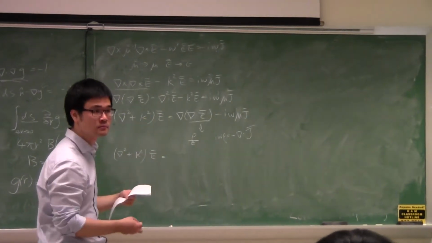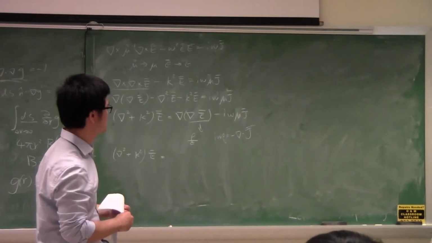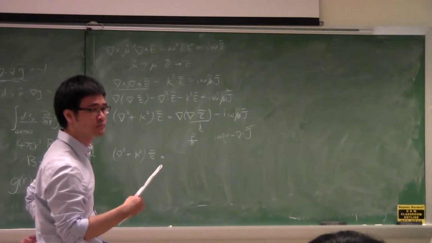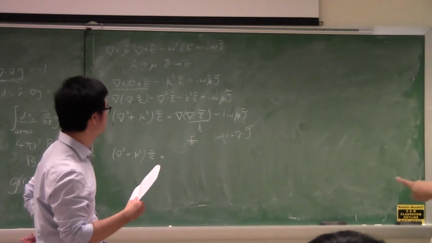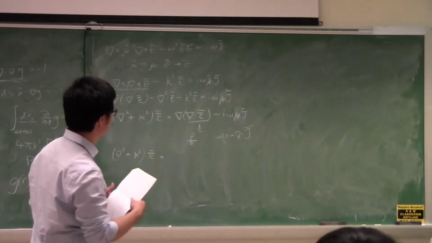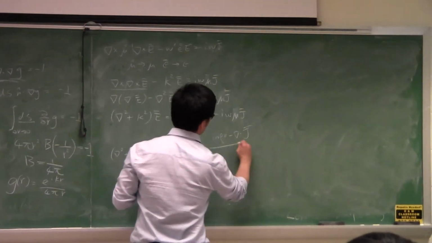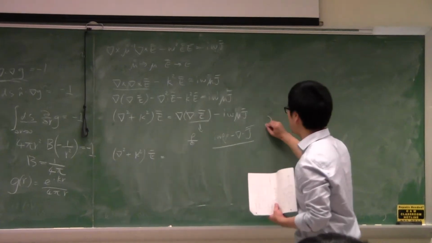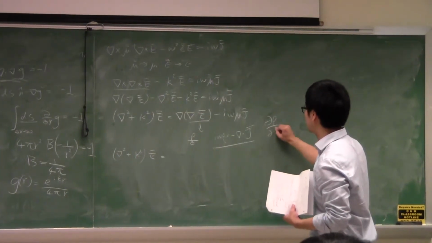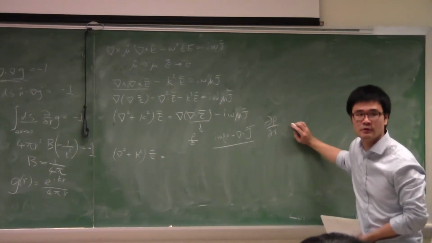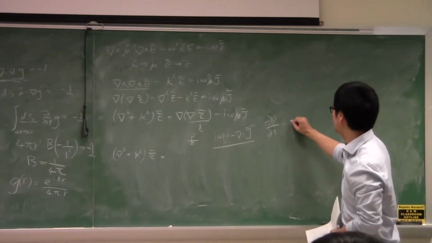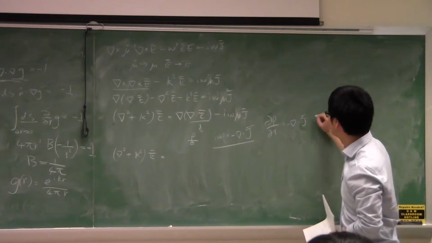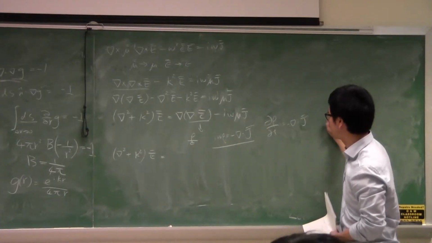Excuse me, about i omega rho equals minus divergence J, do you take divergence for both sides of the above equation? No, this is the continuity equation. It means in the time domain it is the change of the current density, just the incoming of the current, right? Yeah.